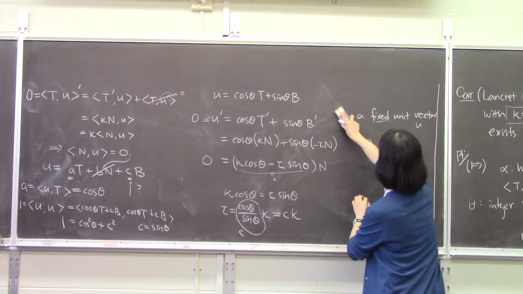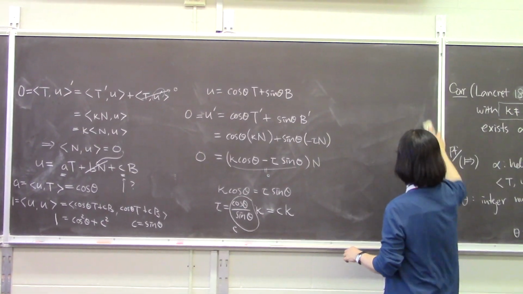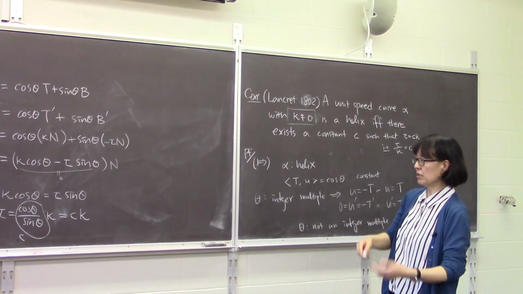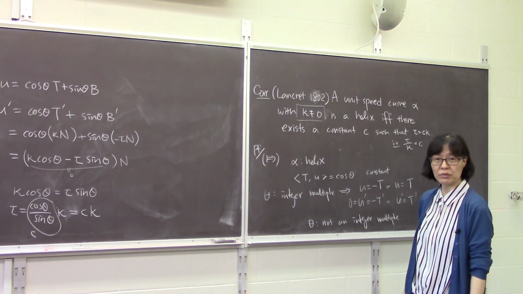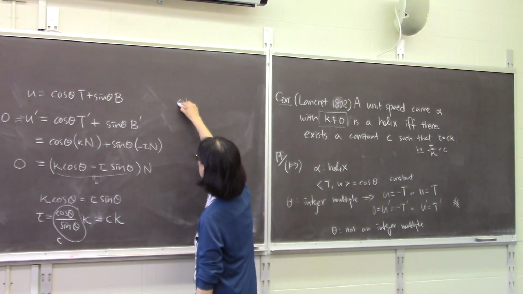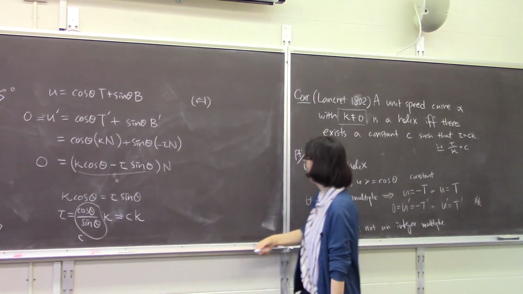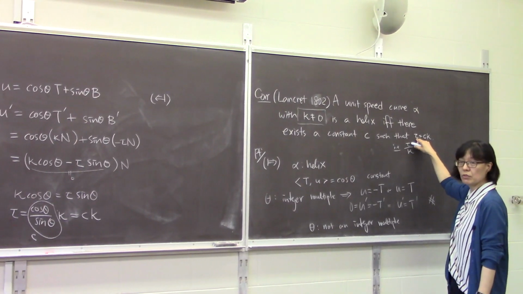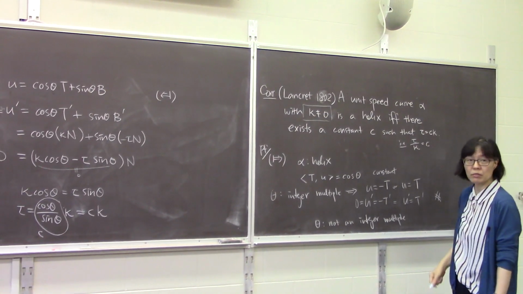The other way is kind of we go backwards. Here we assume there is a constant c such that the torsion is a constant multiple of curvature.